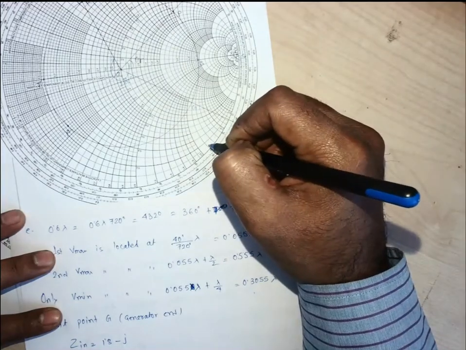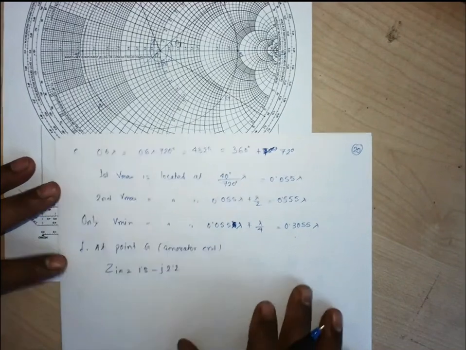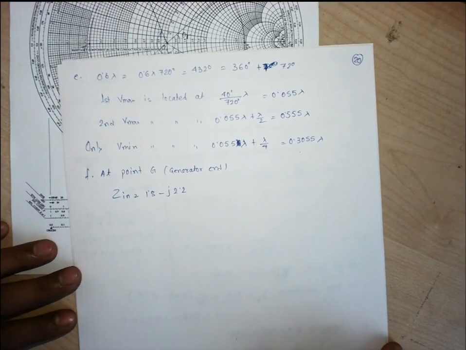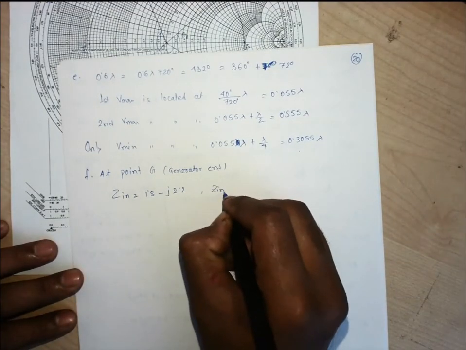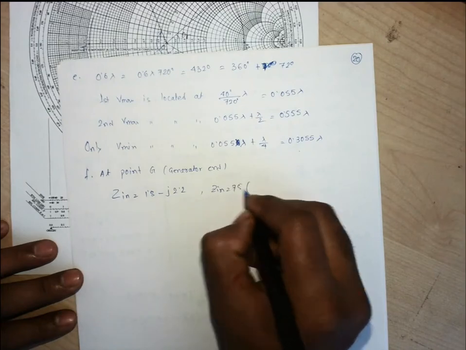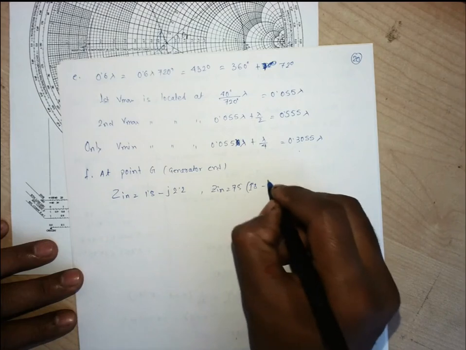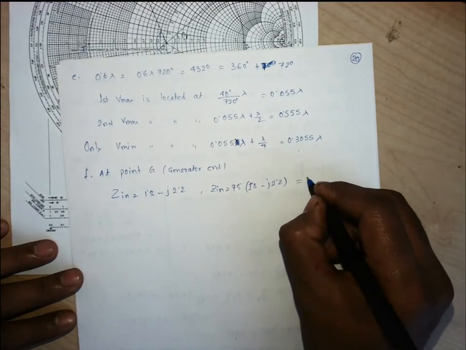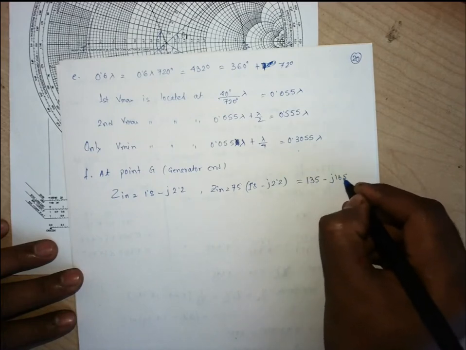So it is 0.22. 2.2. So it is the normalized Zin. We need to denormalize it. So actual Zin will be 75 multiplied with this value 1.8 minus j 2.2. So it is coming out as 135 minus j 165.